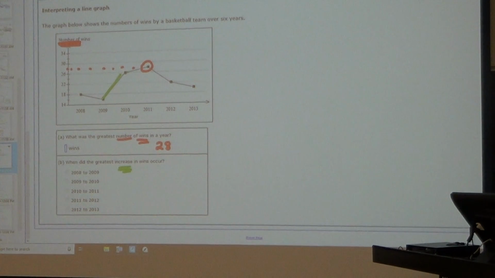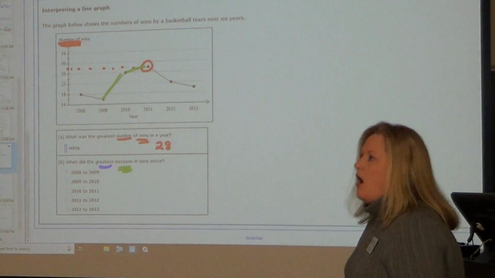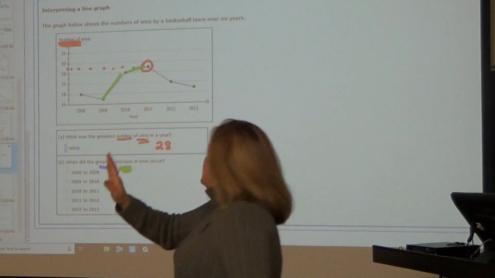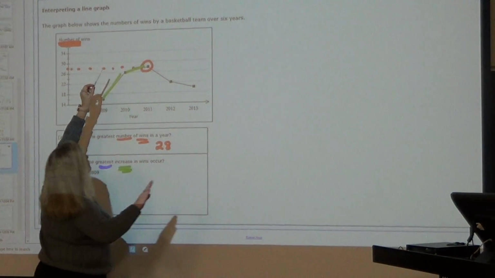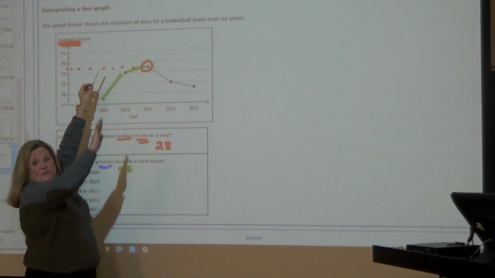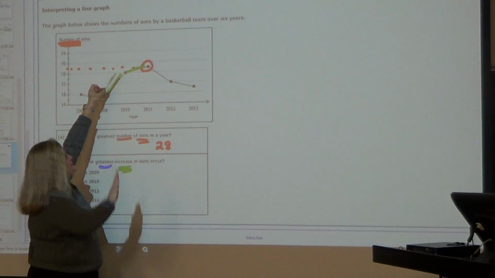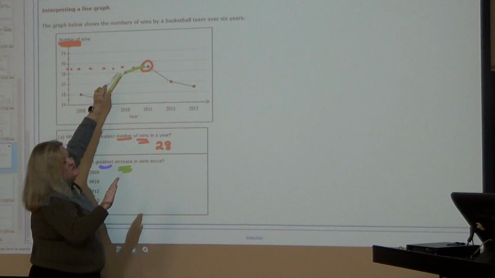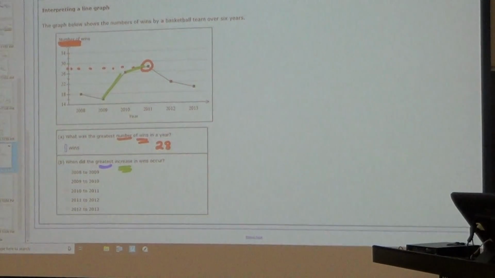There's an increase here, there's an increase here, and that's it. The rest are decreases. Now, the biggest increase is like if you're walking up a mountain, which one is the steepest mountain? Which one is the hardest to climb because it's the steepest? 2009. This one, you're climbing up just a little bit. This one, you're climbing up a thick mountain. So your greatest increase is your steepest mountain. So that's going to be 2009 to 2010. Cool?